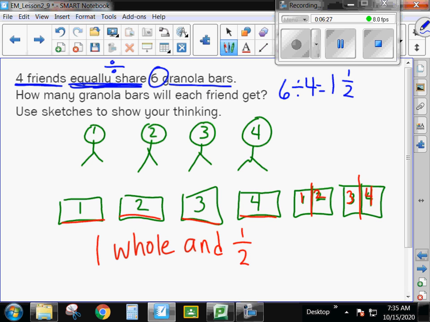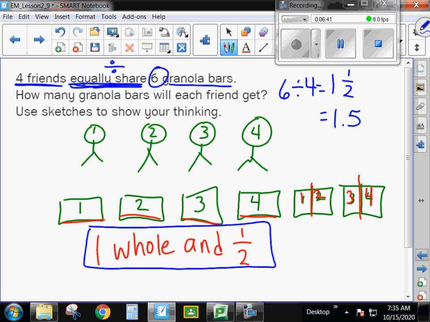And again, you don't have to write it exactly like I just wrote it. You could write it like this, or you could write it 1 and the words 1/2. But that's the answer to this one. And as you get older, you're going to even learn that you could write that as 1.5, but we don't get into decimals in 3rd grade. In this problem, your answer is 1 1/2 because we could take those leftover granola bars and still split them up.